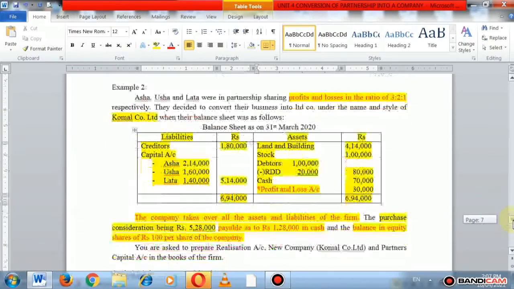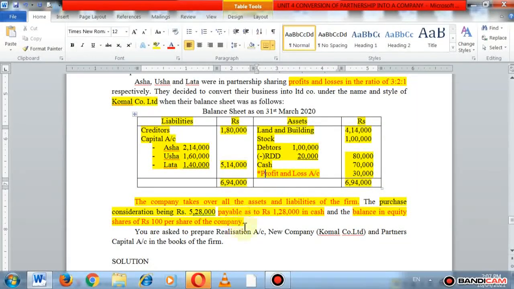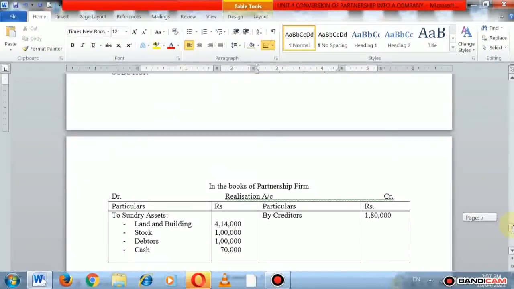Now we transfer all the additional information. We make the entries of additional information. So here the purchase consideration, so first entry for purchase consideration is due. It means first of all we show the amount of purchase consideration receivable from the company.